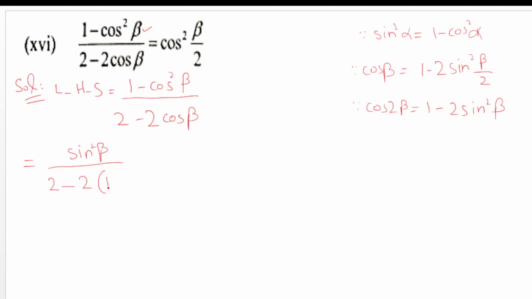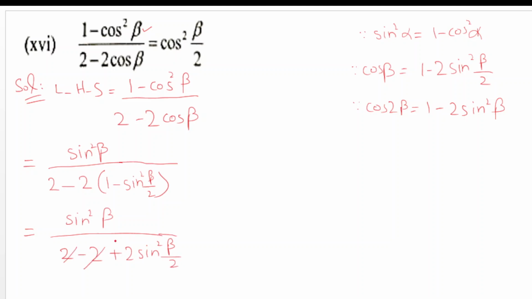So let me put in the bracket 1 minus sine square beta by 2, like this. So I hope you understand this. So sine square beta will remain as it is. So now we need to just open the bracket here. So 2 minus 2 plus 2 sine square beta by 2 in a simple way.